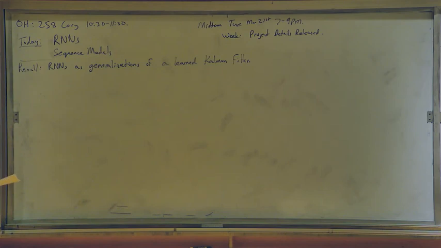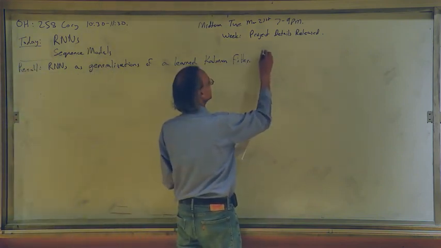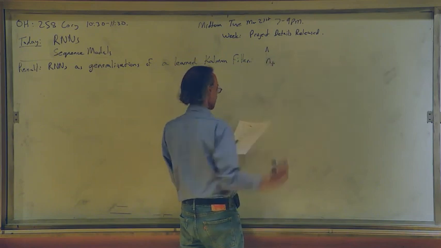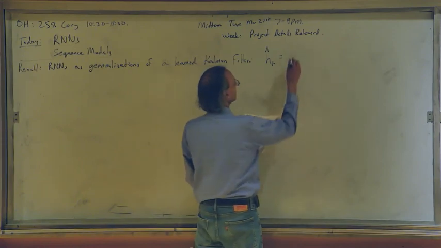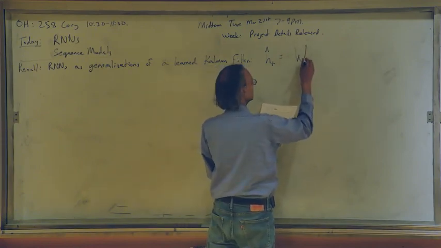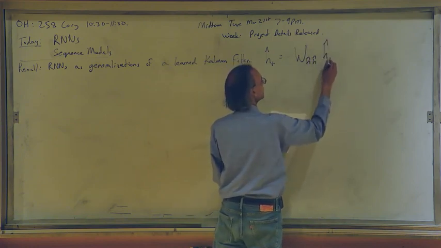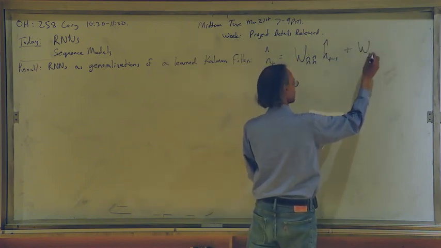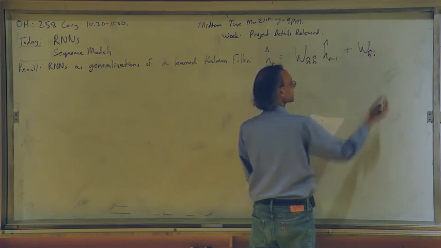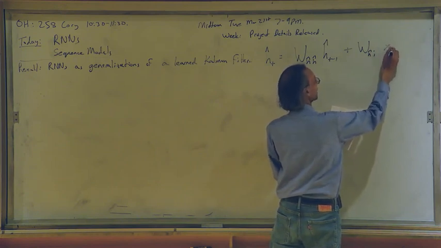It's a learned filter. So the idea was, remember, that in a learned Kalman filter, you had some equation you wanted to learn for how you update your h's. I'm going to switch notation a little bit here: h hat t equals some weight matrix that relates h hat across times, t minus 1, plus some weight matrix that relates h hat to inputs, which acts on some input x_t.